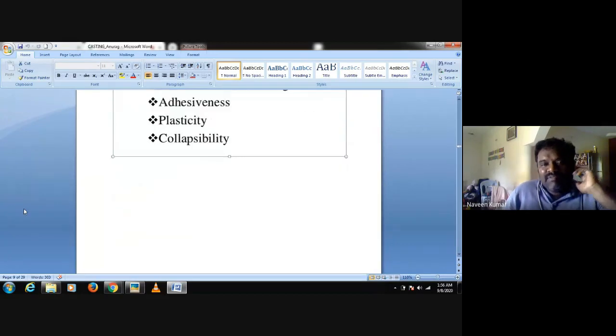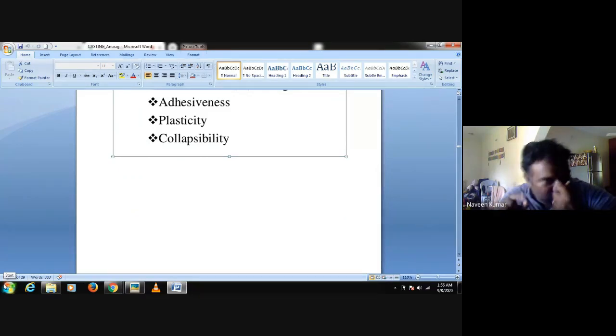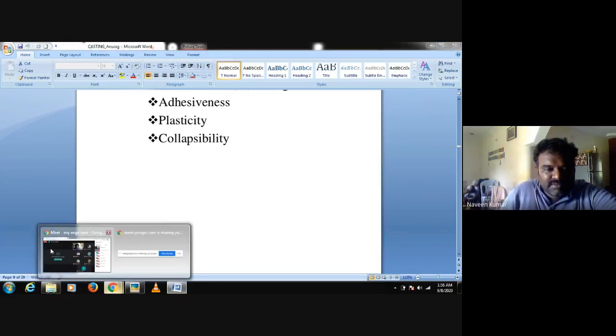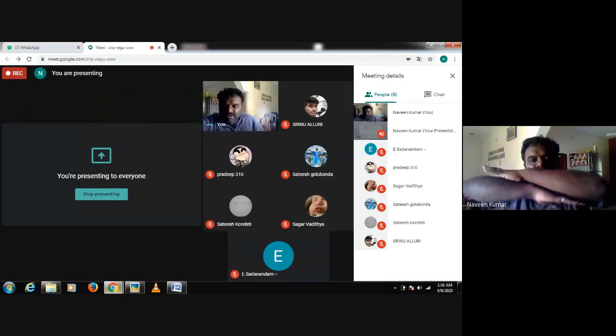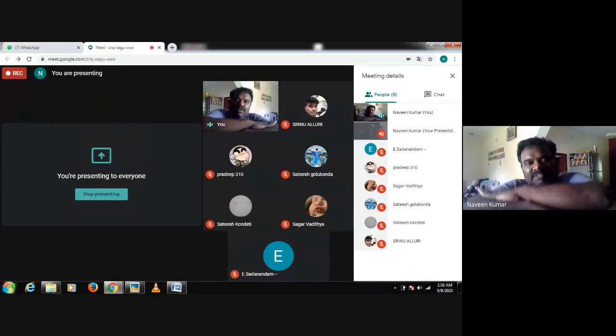Whenever molten material is poured into the mold cavity at high temperature, heat transfer takes place between the molten material and the molding sand that is in direct contact with the molten metal. Due to heat transfer, the sand layer tends to expand in this direction. Look at me. The molding sand layer which is in contact with the molten metal tends to expand like this.